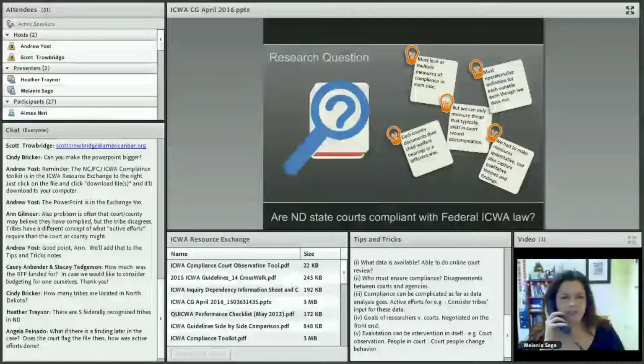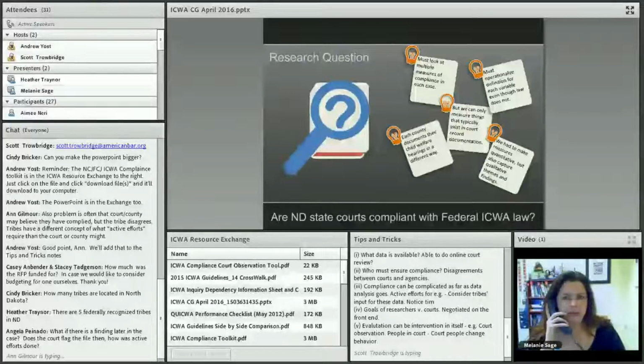Those are situations that require maybe some different kind of communication between the court and process servers and affect whether a case is ultimately compliant for notice. So we're trying to capture these kinds of issues that interfere along the way, and those qualitative details.